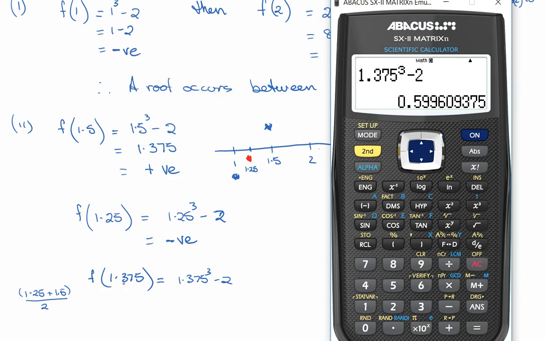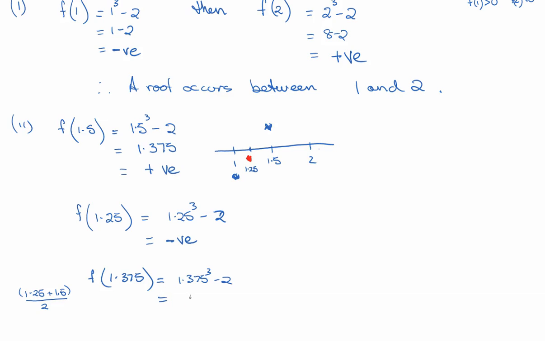Add the two values, your 1.25 and your 1.5, so we want to be in between here. Add those two together and halve them, you get your 1.375. When we put that into the calculator and subtract 2, we're finding the function value now halfway along between this interval, it's saying the function value is back positive.